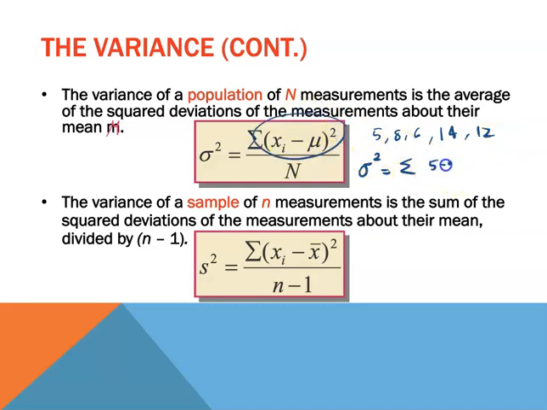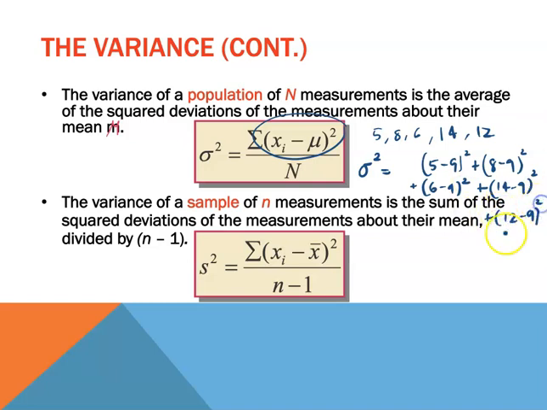So 5 minus 9 squared plus, let's get rid of the sum because I'm going to put in the add sign here, and then 8 minus 9 squared, and then I have 6 minus 9 squared, and then I have to add 14 minus 9 squared, and then I have to have 12 minus 9 squared. What does this represent?